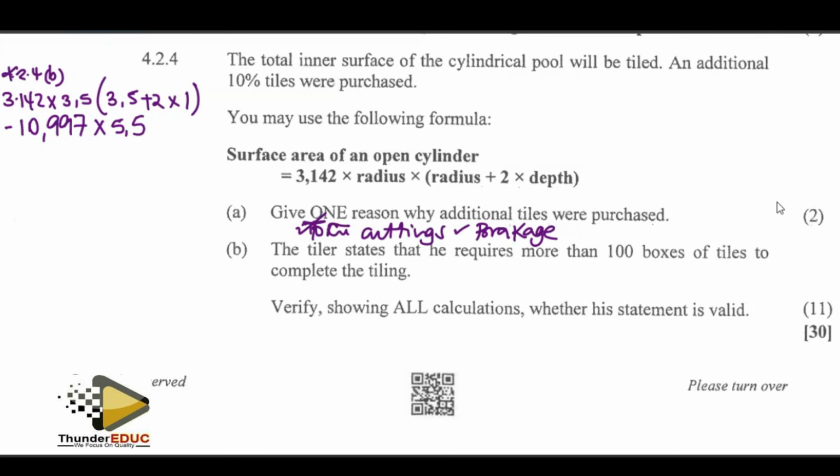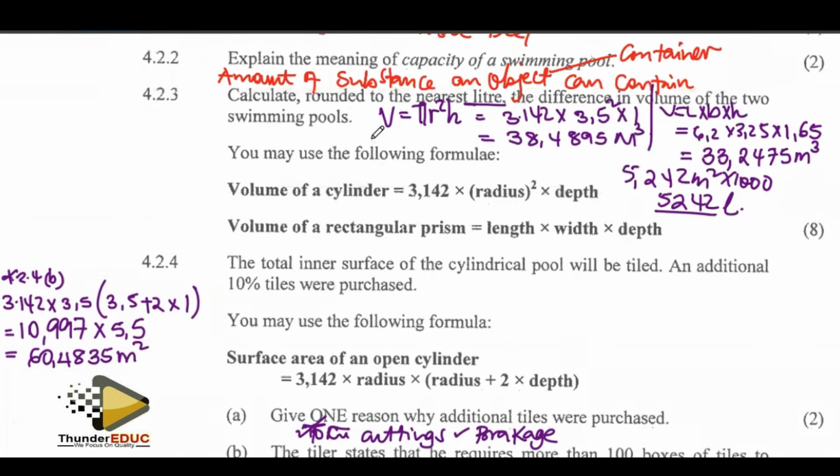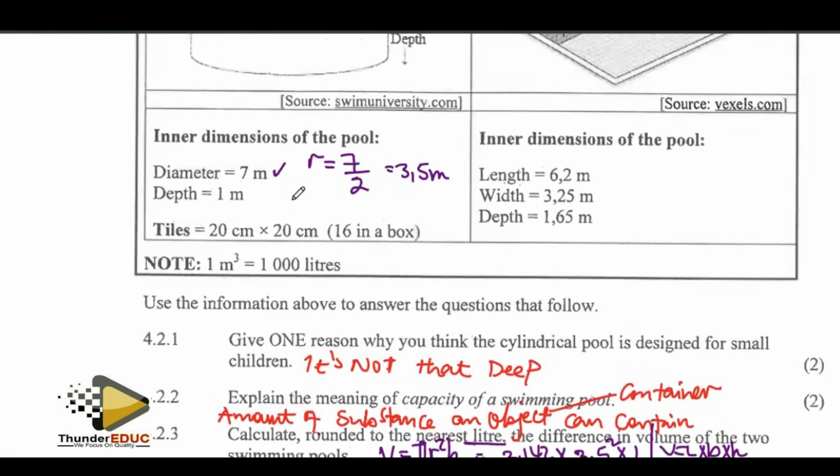So this is 60,8435. These are meters squared. Meters squared, remember. Okay, that's the area to be covered.